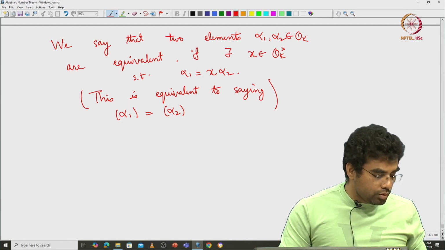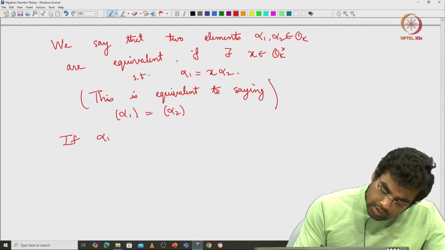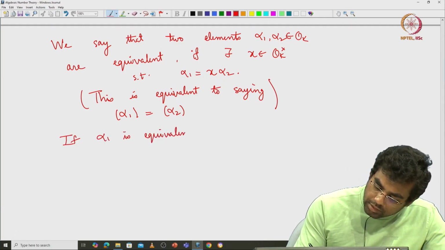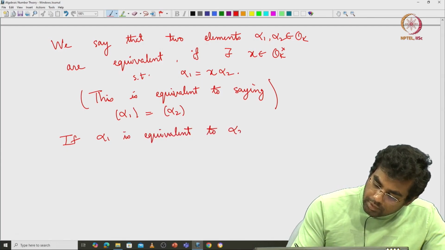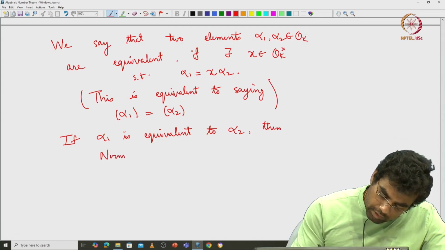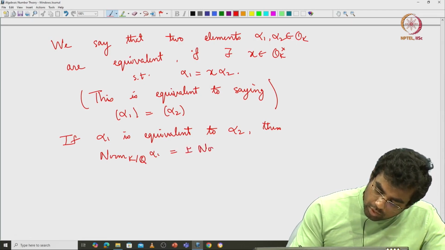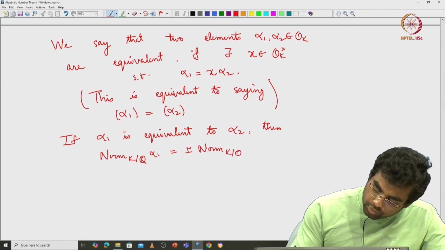So, if alpha 1 is equivalent to alpha 2 — it is clearly an equivalence relation — then the norm of alpha 1 from K to Q is plus or minus the norm of alpha 2.